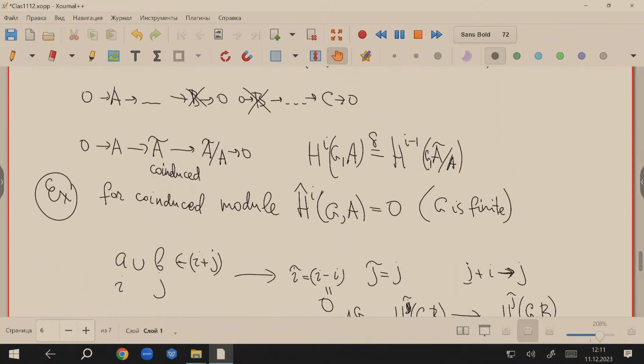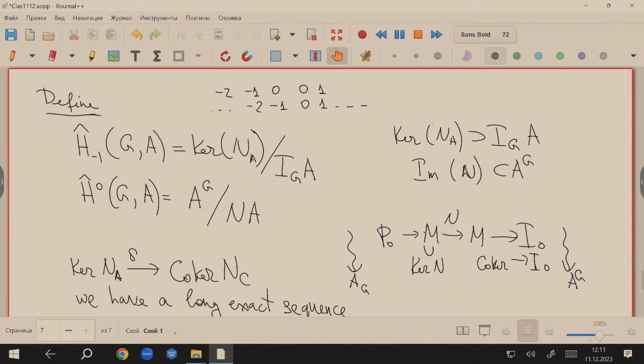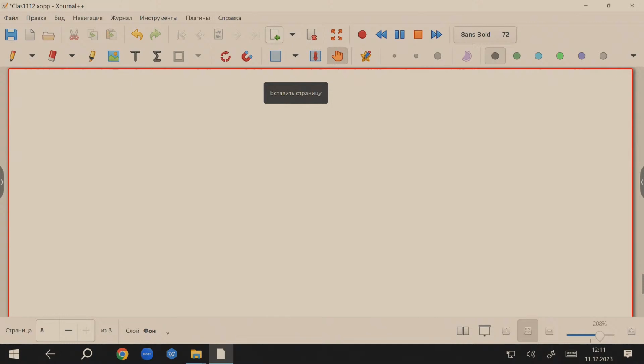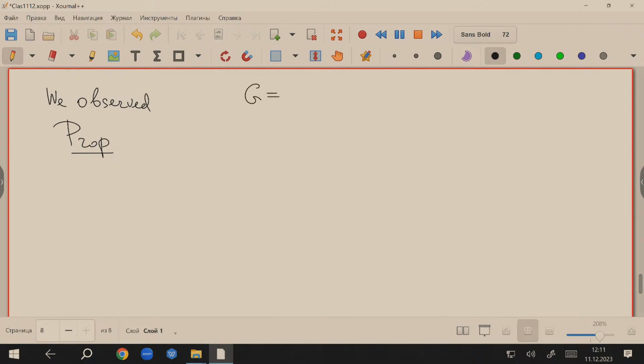Also, we want to discuss, notice that we have proved before, so we observed the following proposition. Suppose G is written as a product of two coprime factors, M and P with MP equal to 1, so G_P is a Sylow subgroup.